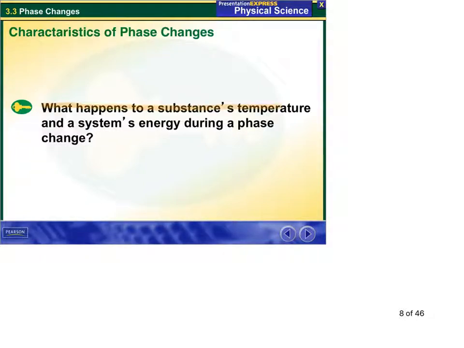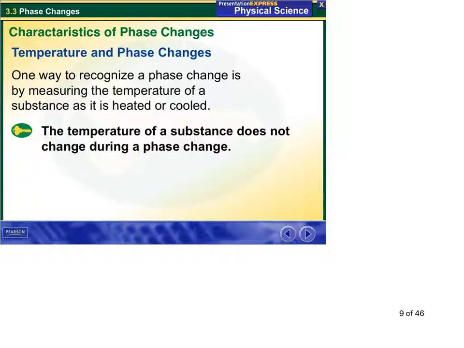What happens to a substance's temperature and system's energy during a phase change? Another key question. Temperature, very key point, one that's not necessarily intuitive. The temperature of a substance does not change during a phase change.